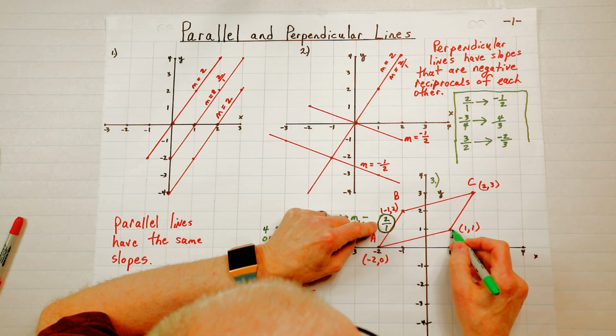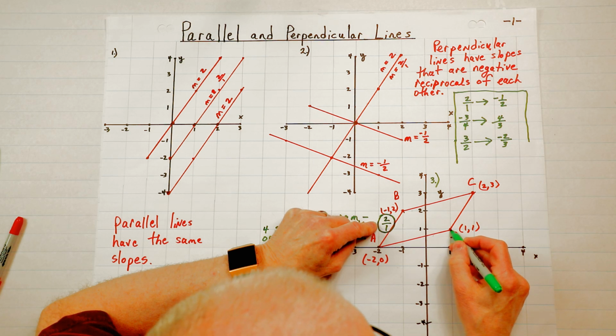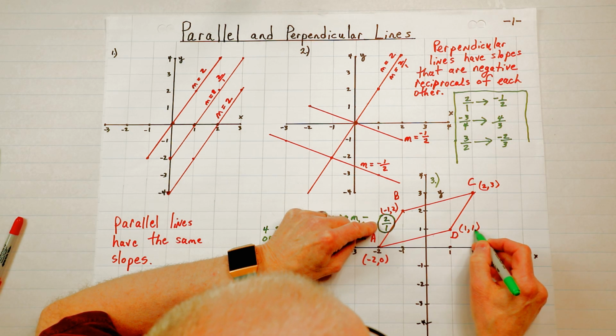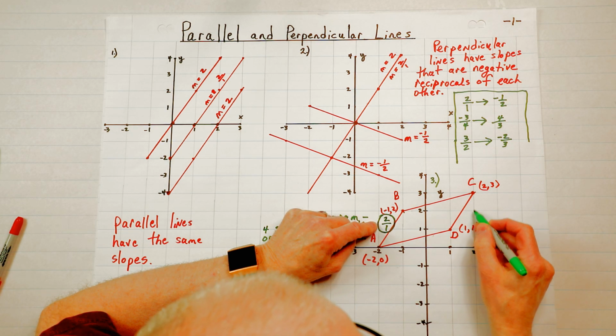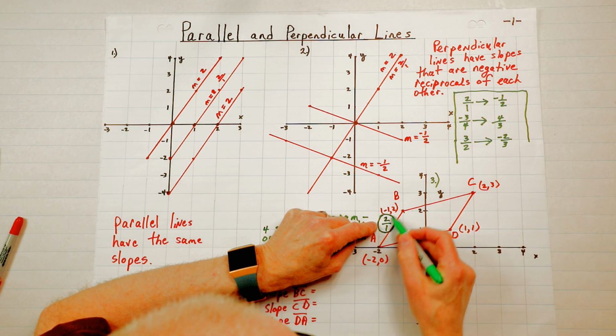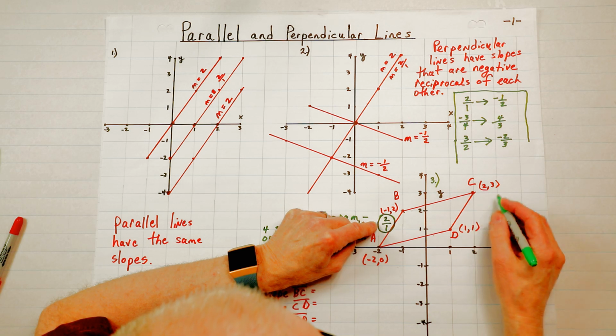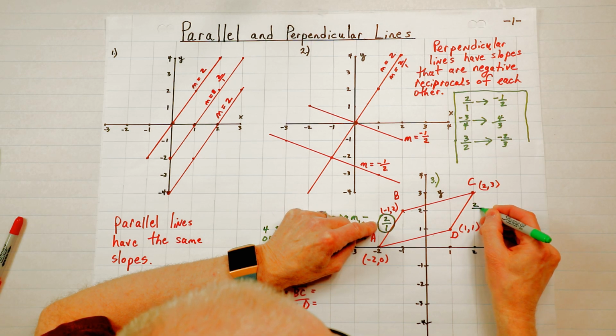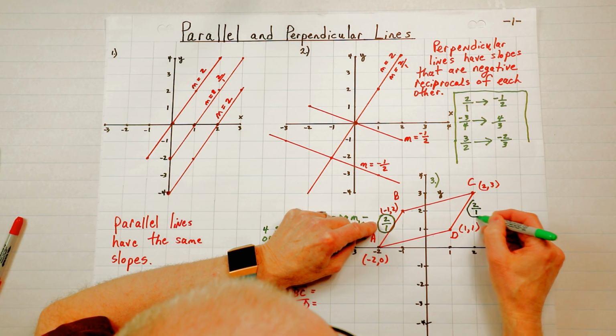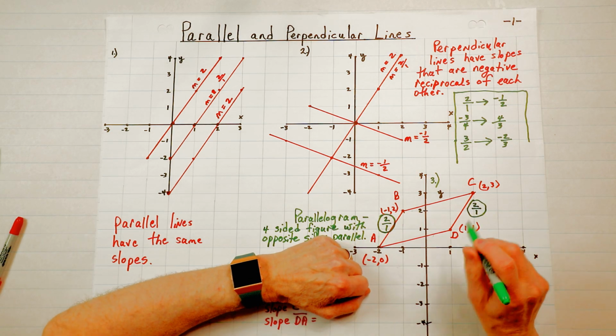Okay, so if we start here, we go right 1 and up 1, 2. Hey, it's the same as this one over here. Right 1 and up 2. So the rise is 2 and the run is 1. We have 2 over 1.